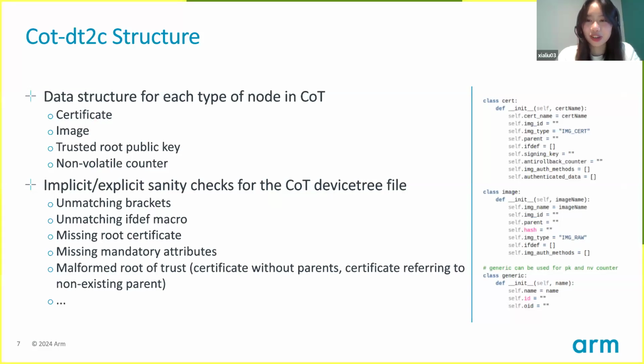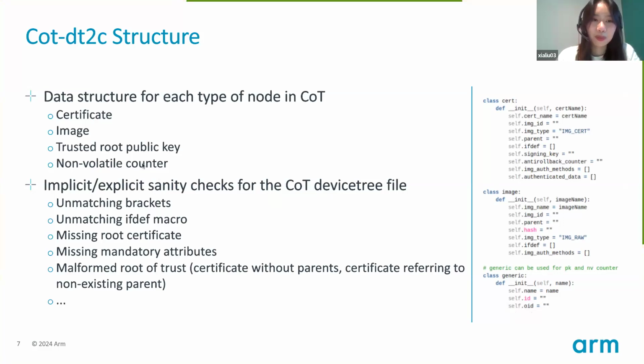As for the basic structure, the first version of this tool was written from scratch. We self-defined some data structures for each type of node in the chain of trust. There are four types of nodes in the chain of trust: certificate, image, trusted root public key, and non-volatile counters.